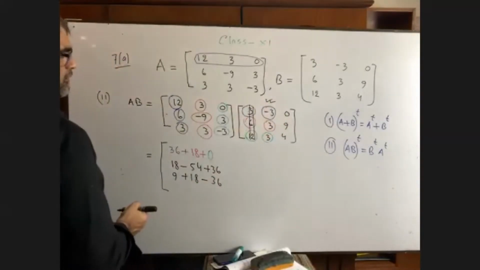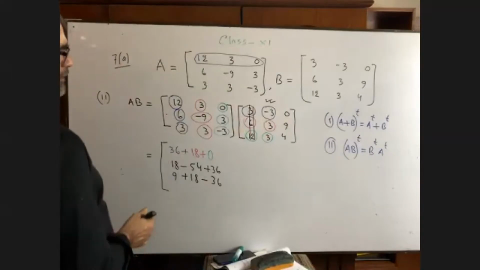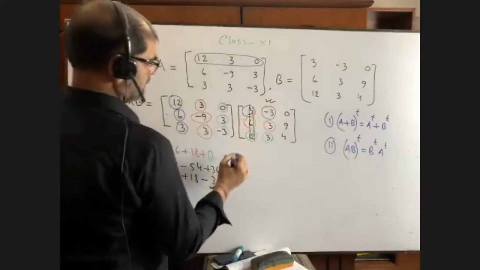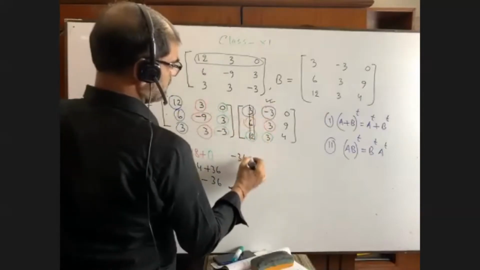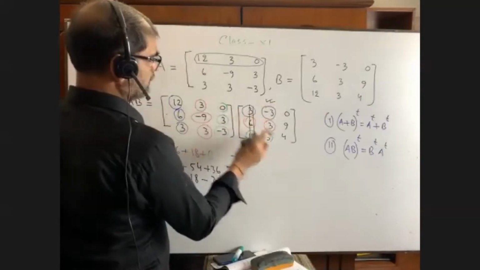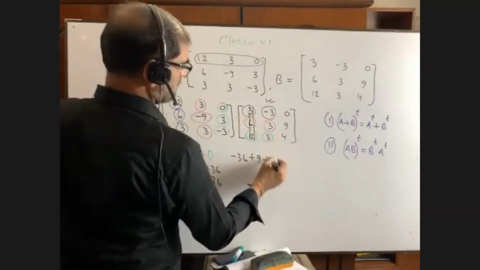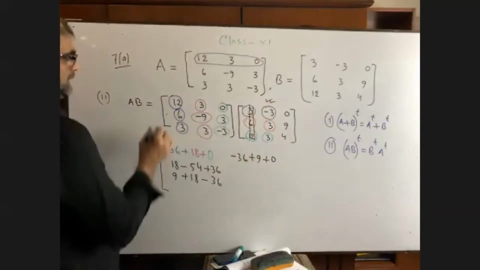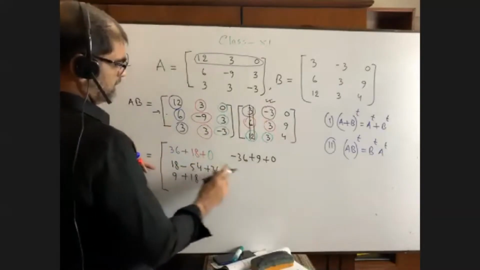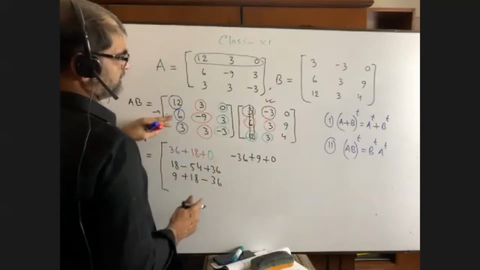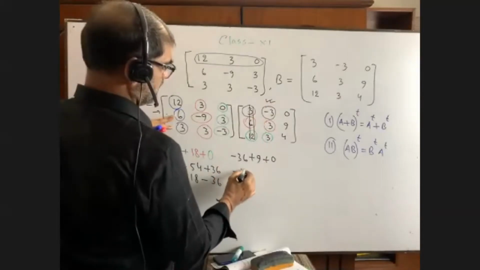Okay. Second column. Yes. Similarly, you multiply this into this minus 36. This into this plus 9. 0 into 3 plus 0. Now here in the second column, in the same way, this is second row, second column. 6 into minus 3 minus 18.